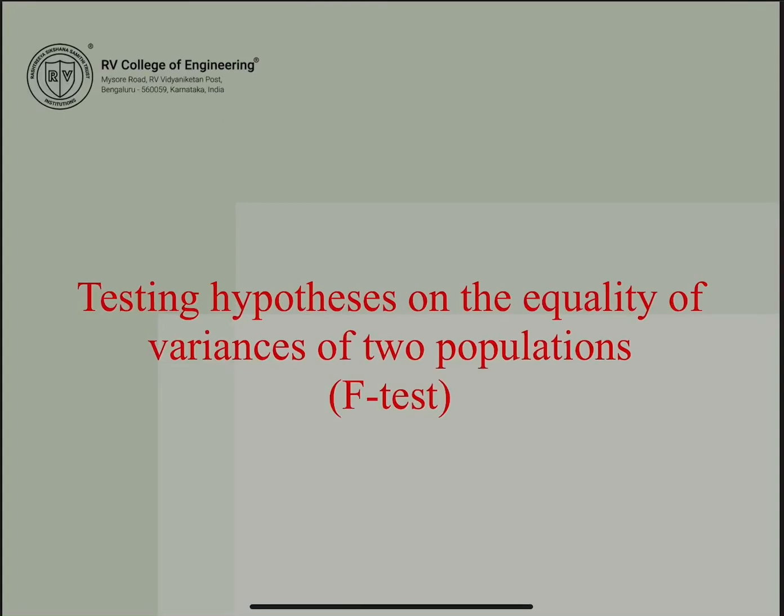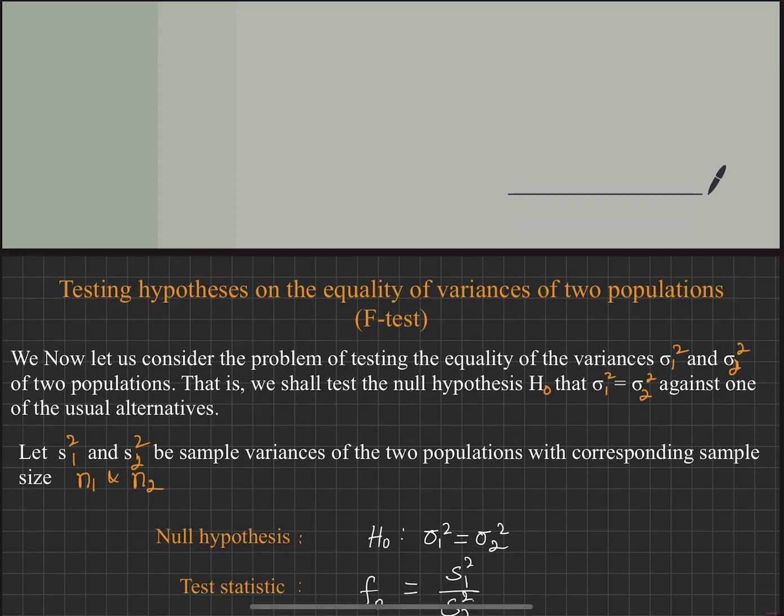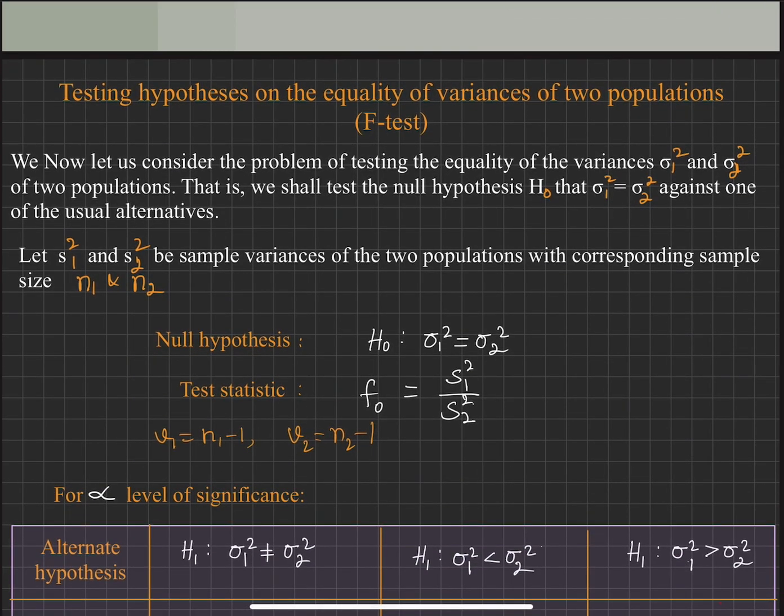In this video lecture, we shall discuss testing hypothesis on the equality of variance of two populations. So let us say we have two populations with variance as sigma 1 square and sigma 2 square, and here we want to test the null hypothesis that the population variances of the two populations are equal.